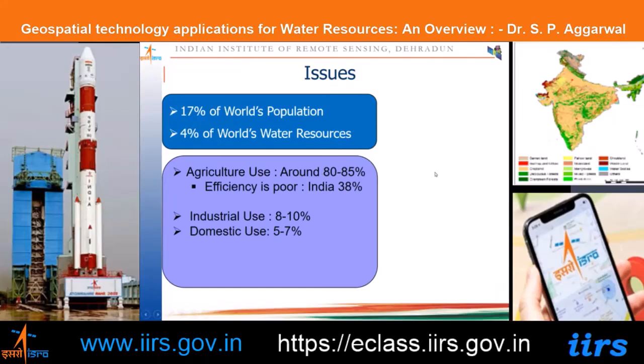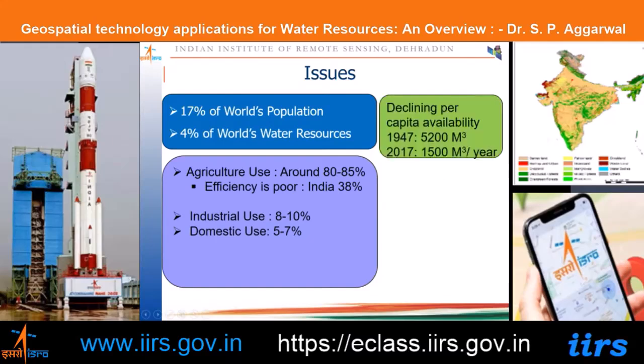You are aware that our population has increased since independence. It was only 33 crore and now it is 133 crore, almost 4 times. That is the reason why per capita water availability has decreased up to a threshold. What is the threshold? The threshold is 1500 meter cube per year.